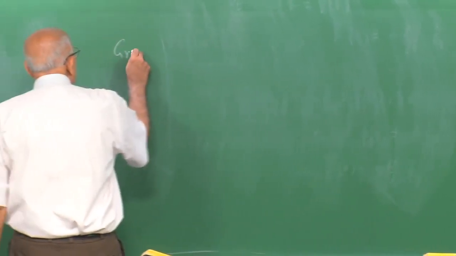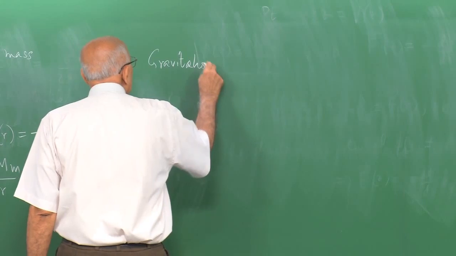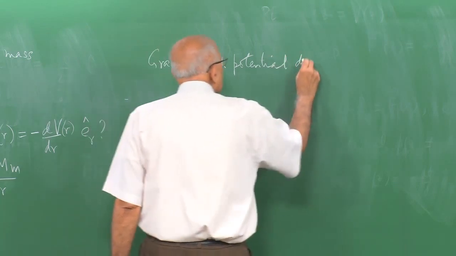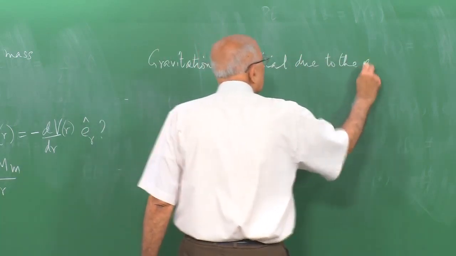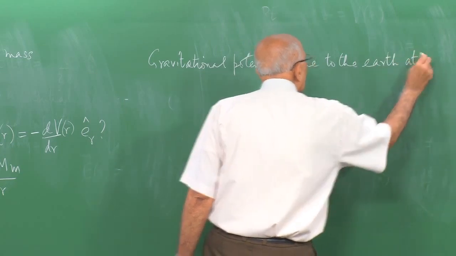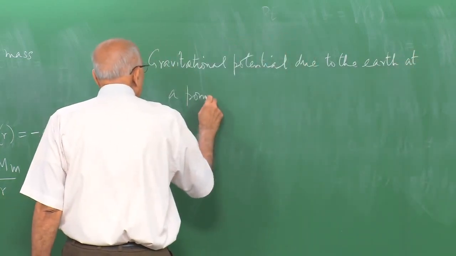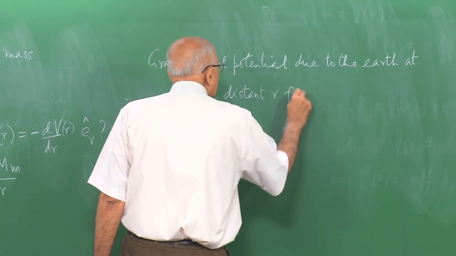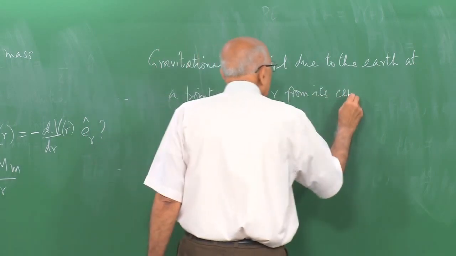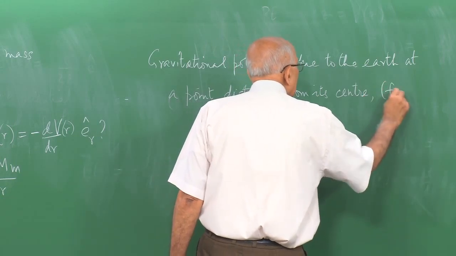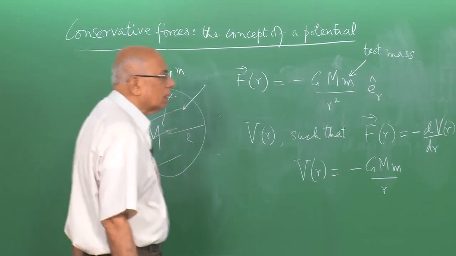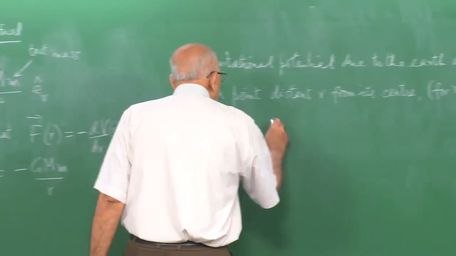Gravitational potential due to the Earth at a point distant r from its center, for r greater than or equal to R. We need to have the force due to the entire distribution, the full mass of the Earth. This quantity is phi of r.